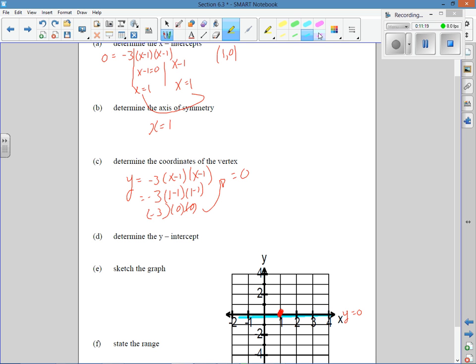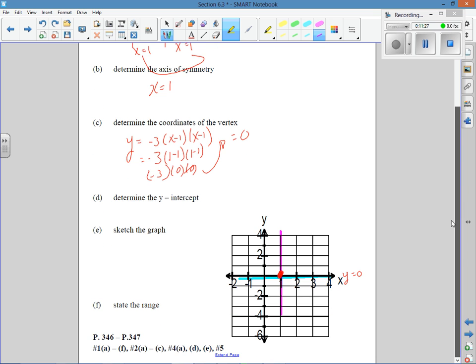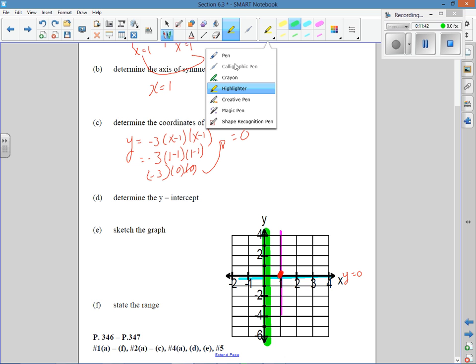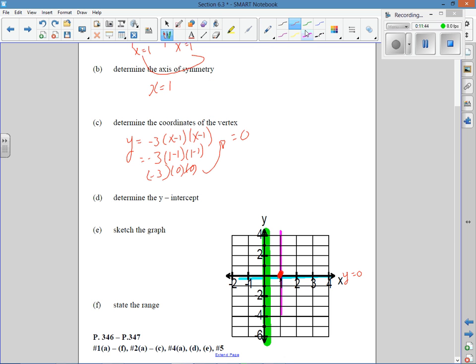So what's happening here? Your axis of symmetry is running up and down here. The y-intercept, where would the graph cut through the y-axis? Remember, for the y-intercept, anywhere along here, your x value is 0.